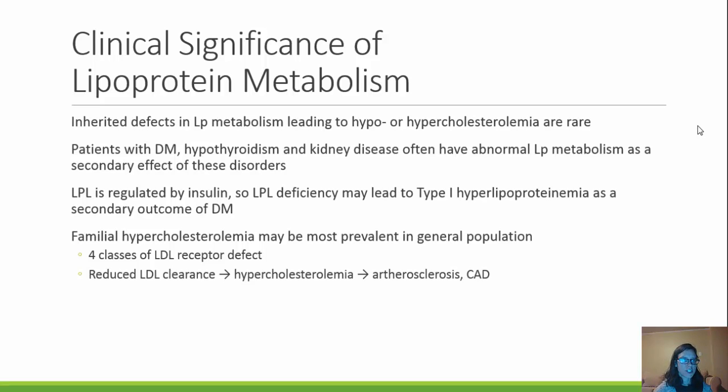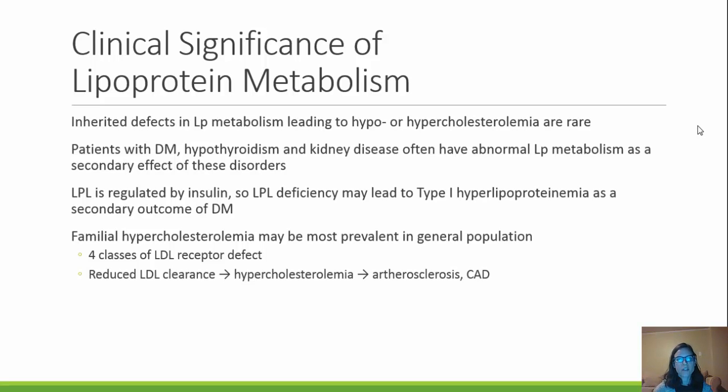So, for instance, patients with diabetes or hypothyroidism or kidney disease, those disorders themselves can cause abnormal lipoprotein metabolism. In diabetes specifically, we know that lipoprotein lipase is regulated by insulin. So if we don't have enough insulin, then we may have a lipoprotein lipase deficiency, or a deficiency in the activity of it at least.